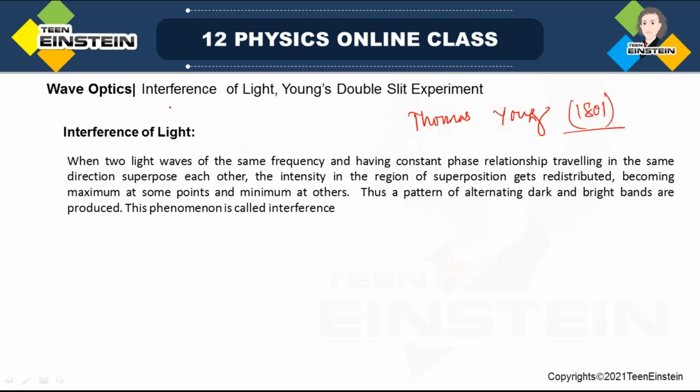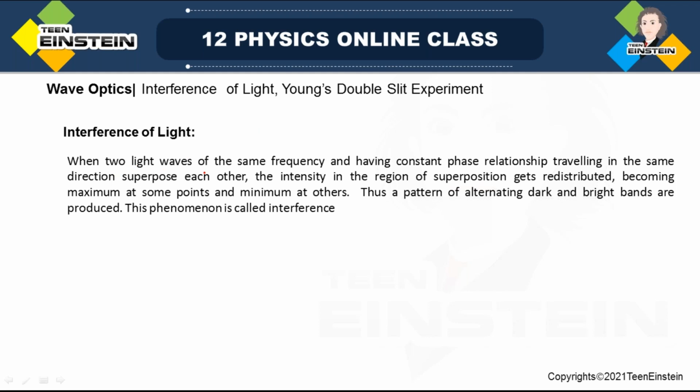The phenomenon of interference of light was first experimentally demonstrated by Thomas Young, and that was in the 19th century. So I'll just recap what is called interference of light.